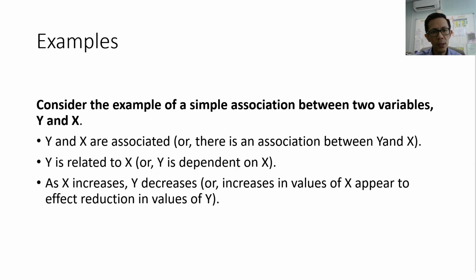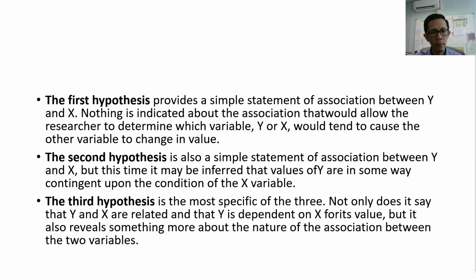But the second hypothesis, y is related to x, is also a simple statement. But this time it may be inferred that the values of y are in some way contingent upon the condition of the x variable.